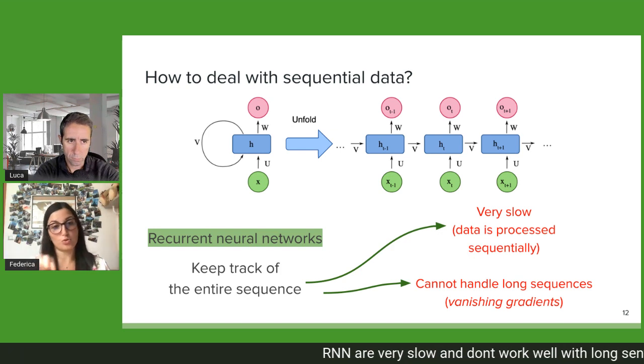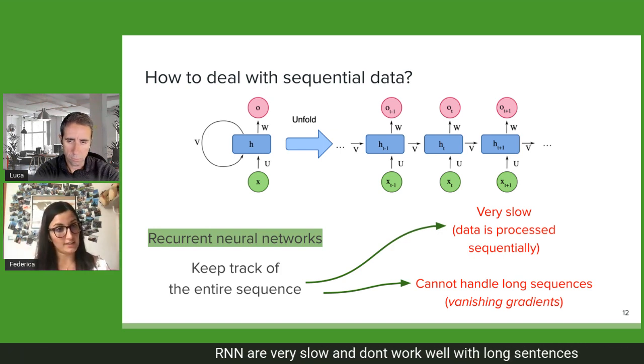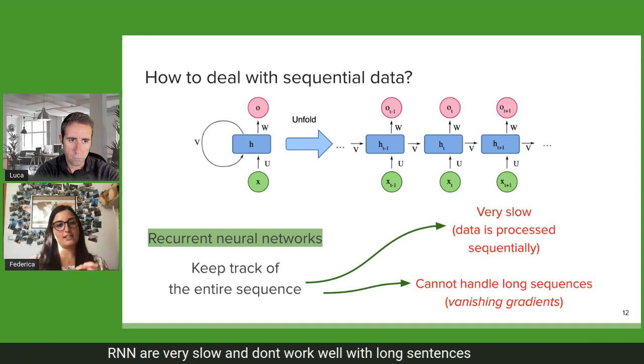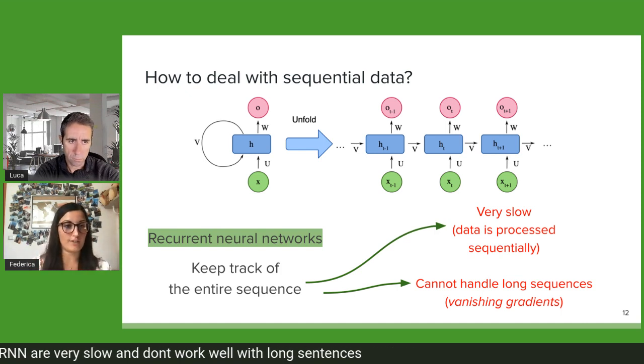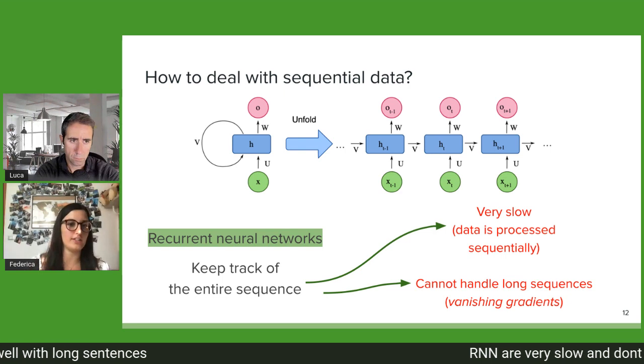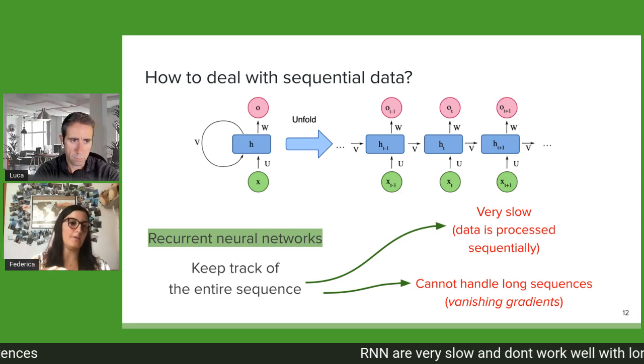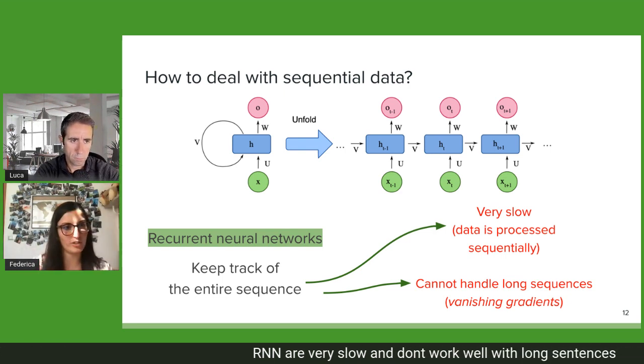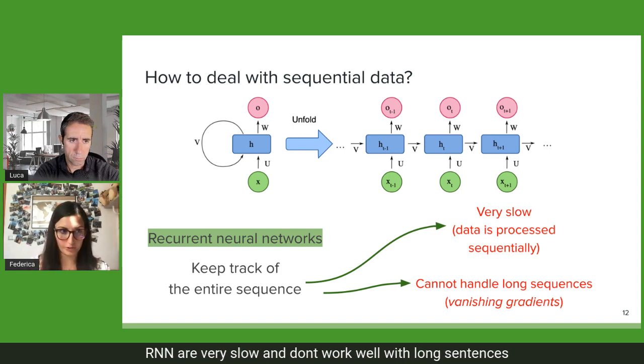It's very difficult to track these dependencies. So long dependencies are difficult to track for RNNs. And this is because of the gradients that with backpropagation will vanish or explode.